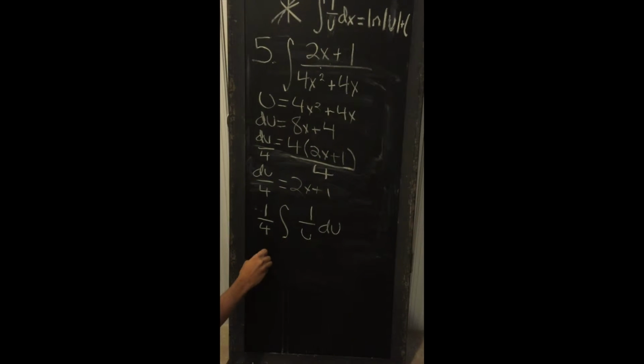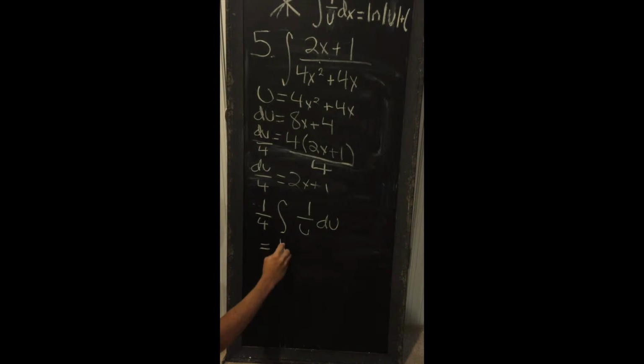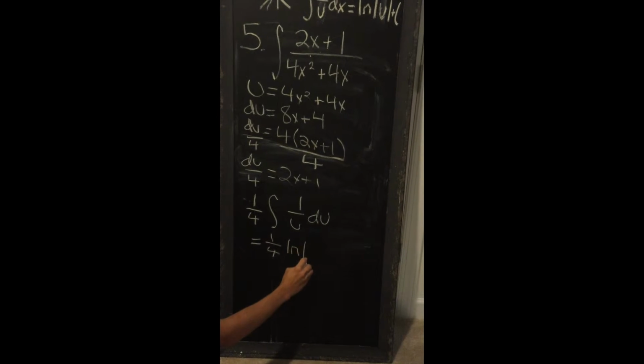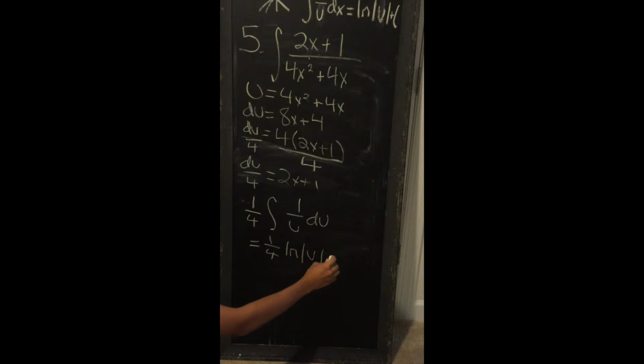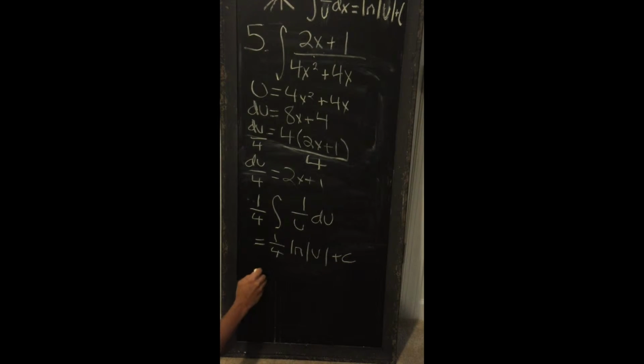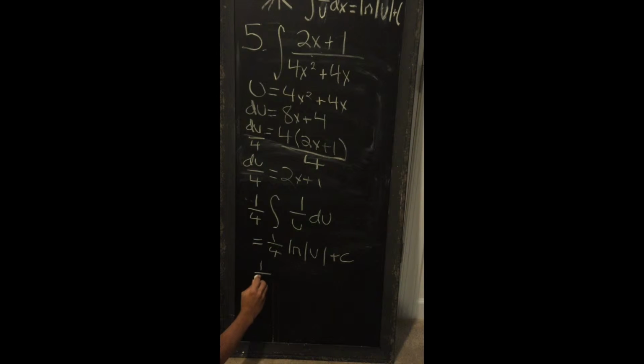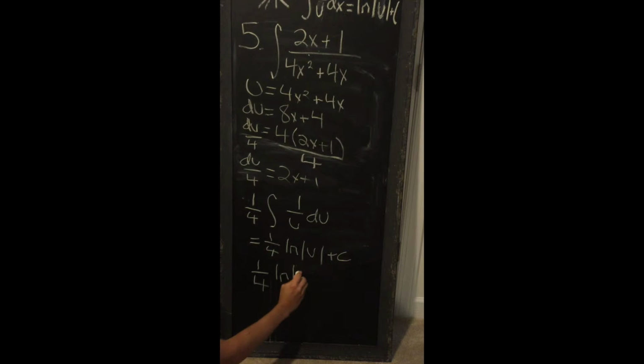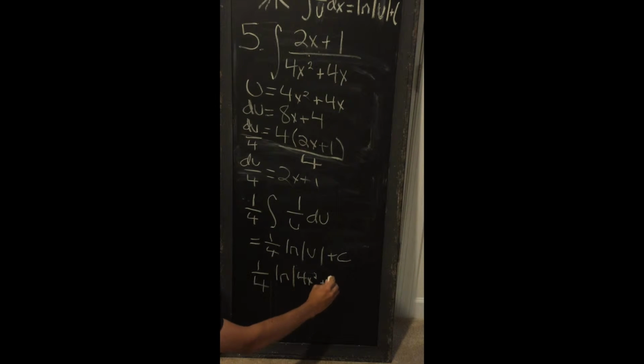And then that's theorem 5.5, so it's the natural log of the absolute value of u plus c. And then you're going to substitute u in. This is the natural log of the absolute value of 4x squared plus 4x plus c.